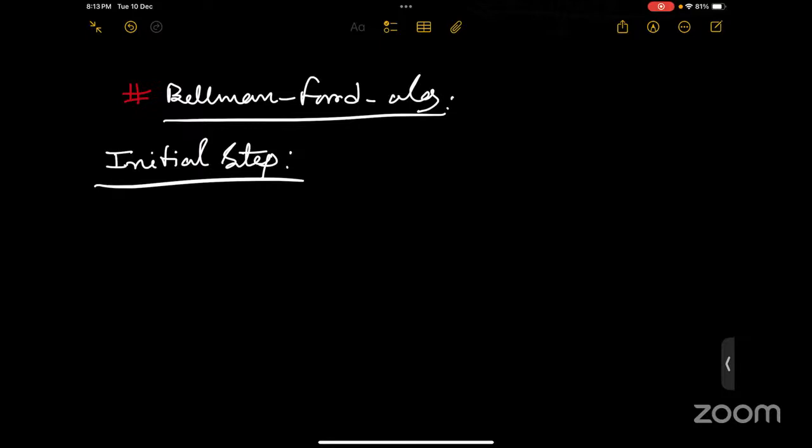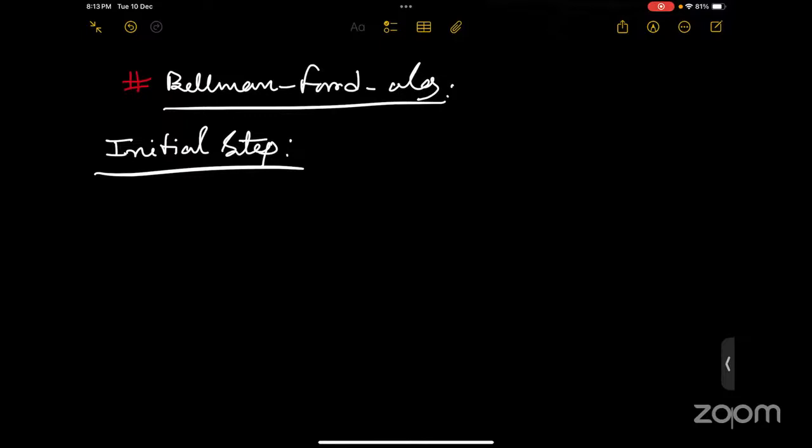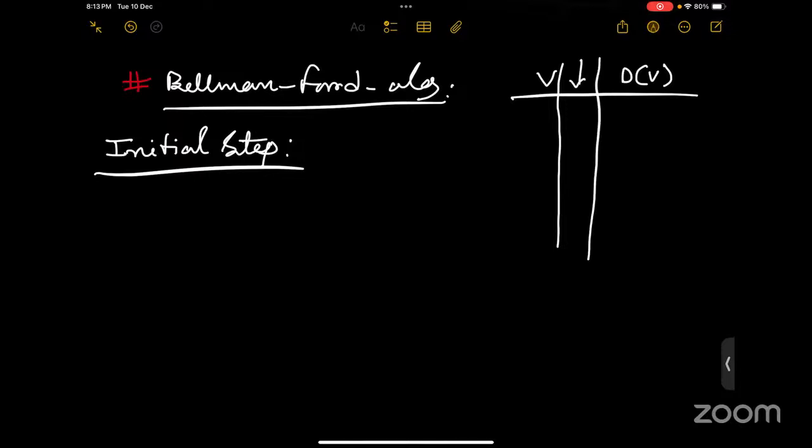Okay. Thank you, ma'am. So the initial step is we will create columns. Our columns will be the vertex and the distance, that means the shortest distance of the vertex. Because in this method we are finding the shortest distance from a fixed source, right?